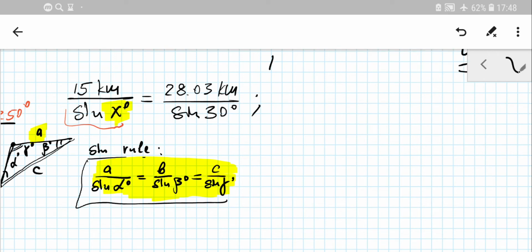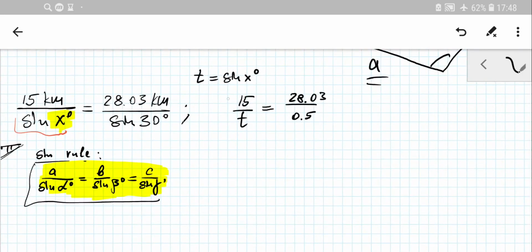So that's sort of the value t. If you like, you can rename t equals sine x, from where you have an equation 15 over t equals 28.03 over sine 30. You can calculate sine 30, but I'm sure it's 0.5. Now you use the fractional equation, and first you try to define the value for t.